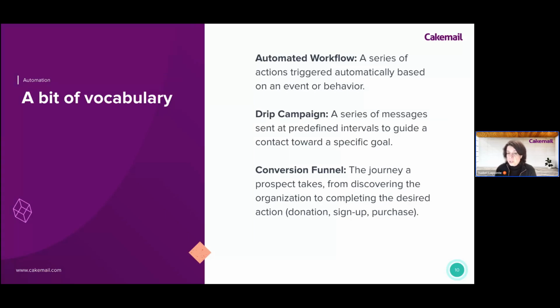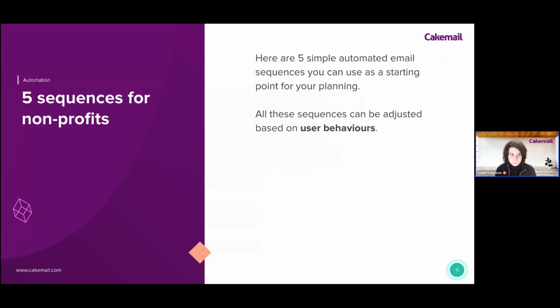When we talk about a conversion funnel, what we're trying to accomplish is something we're looking for, either a sign up, a renewal of a membership, a donation. So we're trying to have this person complete a task through the journey.